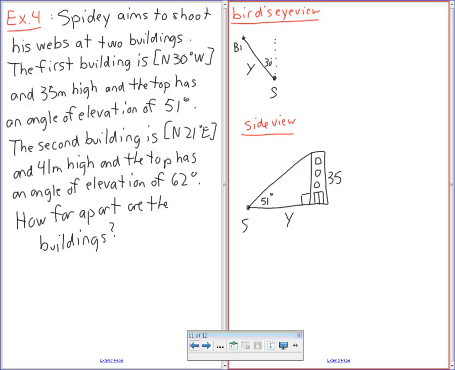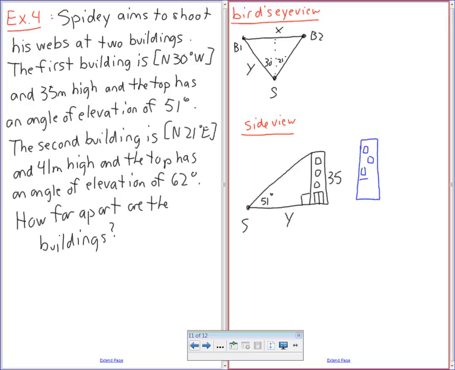Let's do the second building. North 21 degrees east. It's going to be something like this, building 2. I call that X. It's going to be the distance between. For building 2, which I'm going to do in blue, it's going to be a luxury building, this one here.